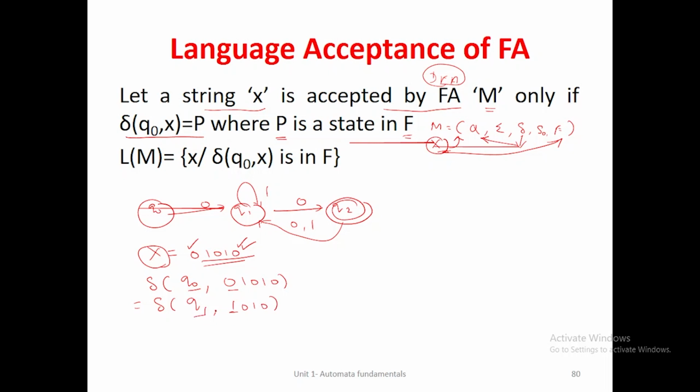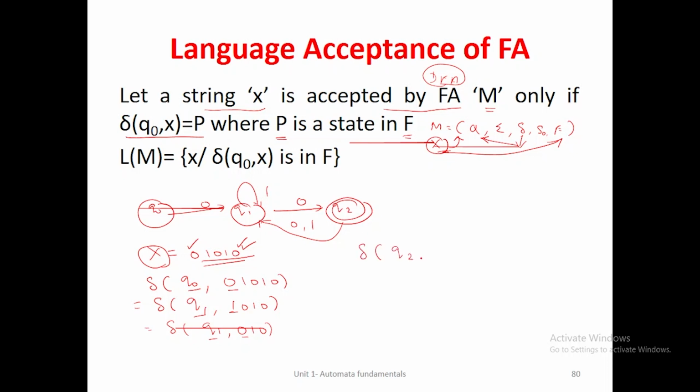Now you refer to the transition of q0 on 0 from the diagram. q0 on 0 goes to the q1 state. So I write that state in the first parameter. Now I am in q1. I have already consumed 0. The remaining string is 1 0 1 0. Now you refer to q1 on 1 in the diagram. q1 on 1 stays in the same state. So delta-hat of q1, I have already consumed 1, and the remaining string is 0 1 0. Now you refer to q1 on 0, which goes to q2.